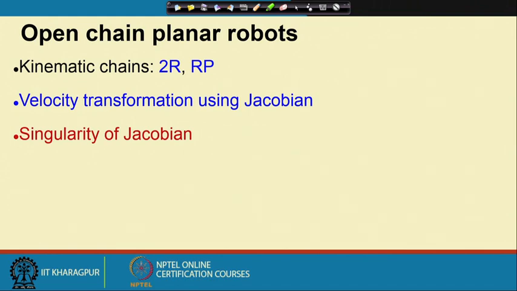So, in the open chain planar robots we have discussed 2R and the RP manipulators. We have determined the velocity transformations using the Jacobian for these manipulators. In this lecture we are going to now look at the singularity of the Jacobian, and we are going to look at the consequences of that.